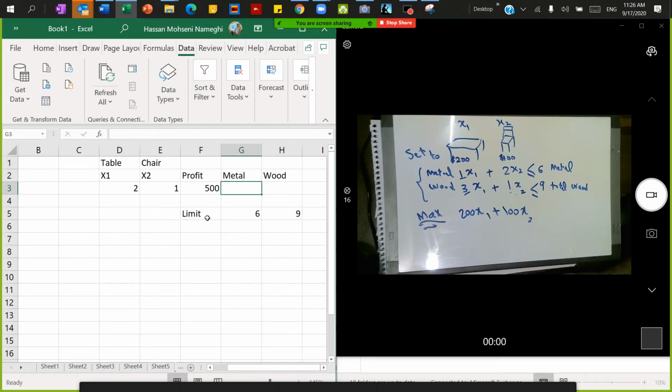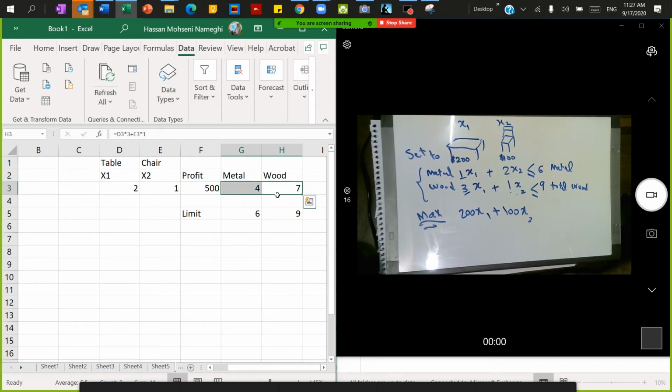Let's set up the equation for metal: I need 1 unit of this times 1, plus the next one times 2. The next one for wood would be equal to x1 times 3, plus x2 times 1, or simply 1.